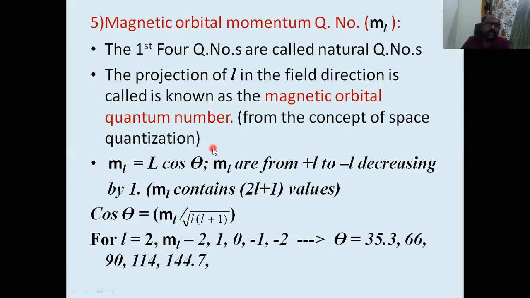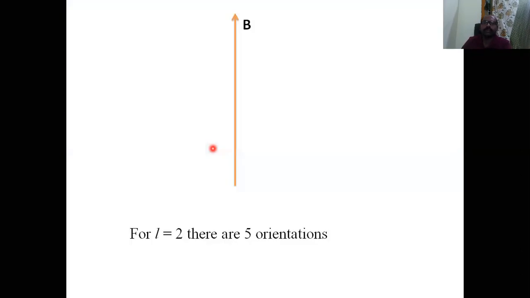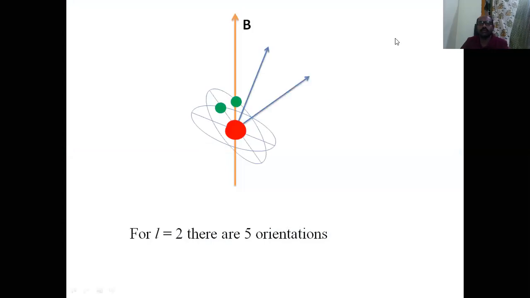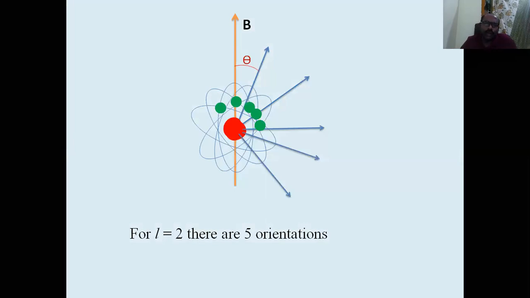So we can see the orientations of the orbital angular momentum vector in fixed directions only, through the coming animation. It may stay in this direction, or in this direction, or in another direction, just like that we are observing. So five directions.